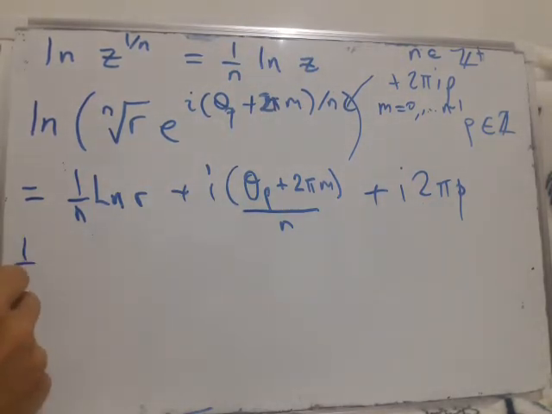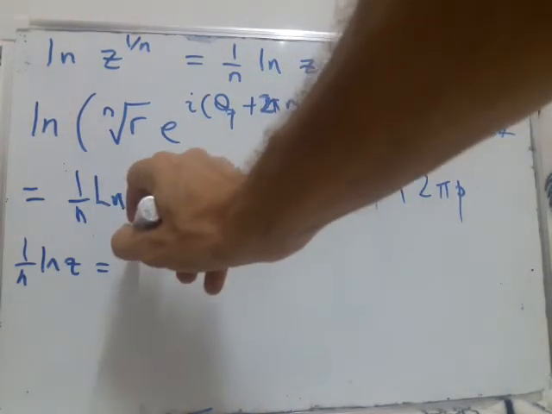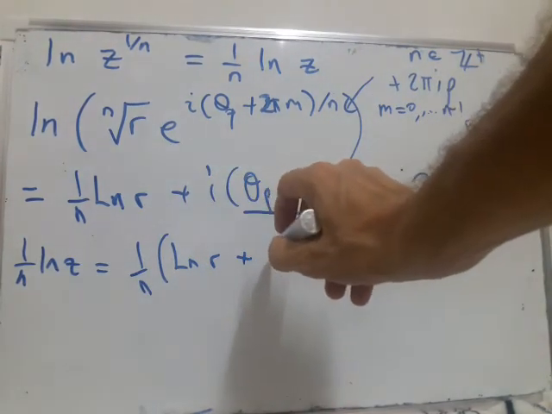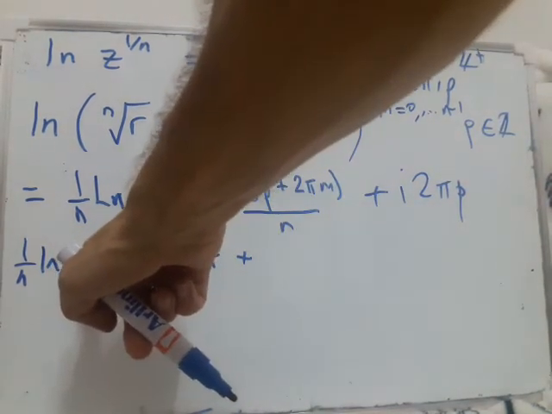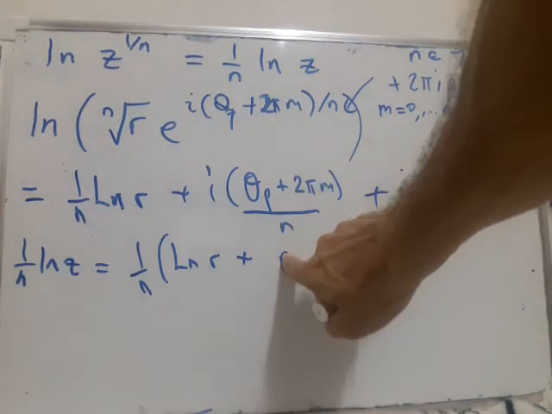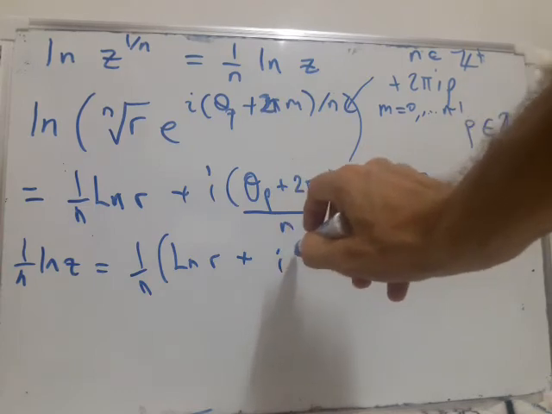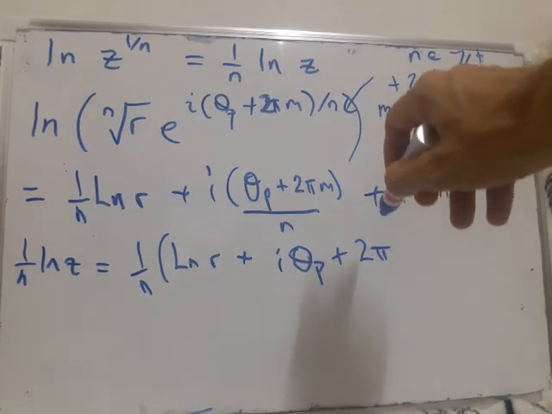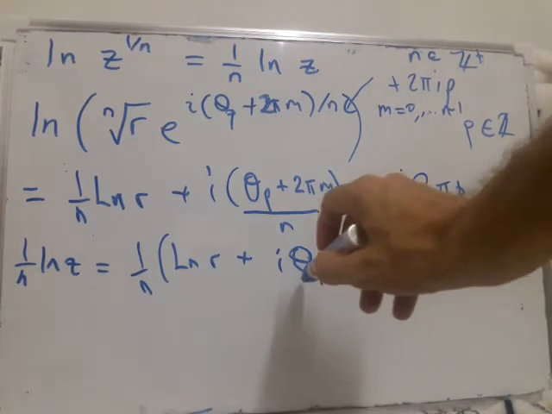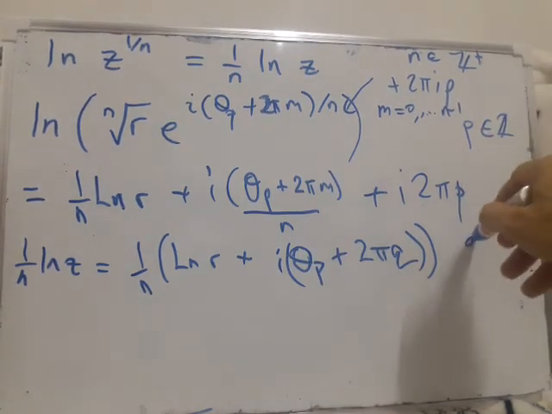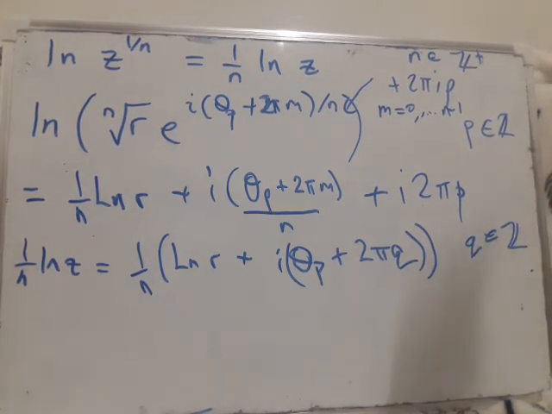So 1 over n log z is, again, 1 over n log of r plus, and then z I'm going to write as r times e to the i theta, which when I take logs I just bring that down. So I've got, where q is any integer.